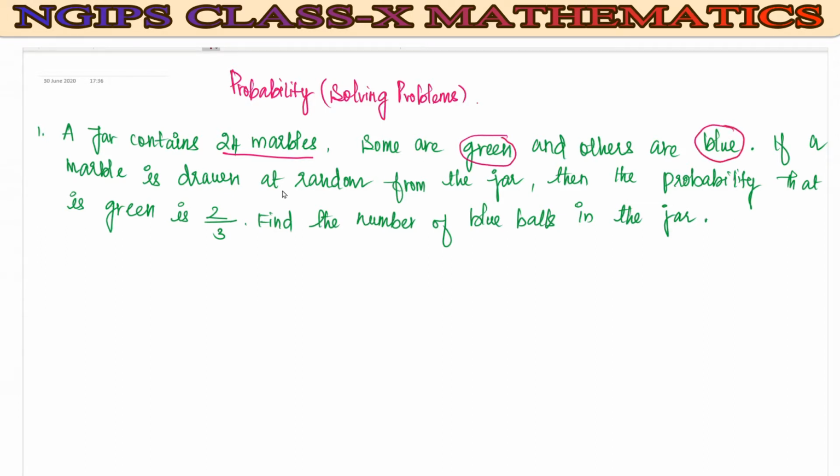If a marble is drawn at random from the jar, the probability of green is 2 by 3. Find the number of blue balls. So we need to find out the number of blue balls. Okay, the solution here.